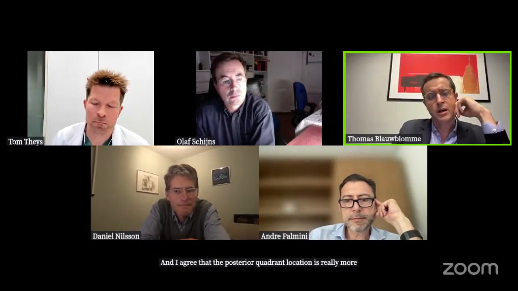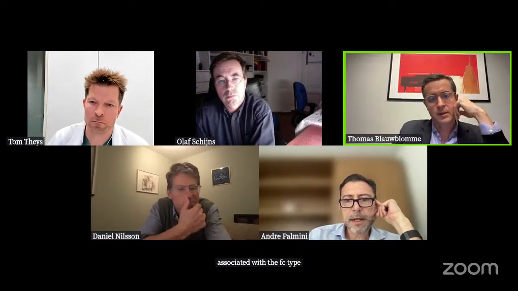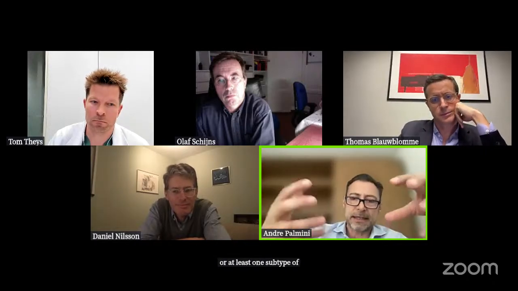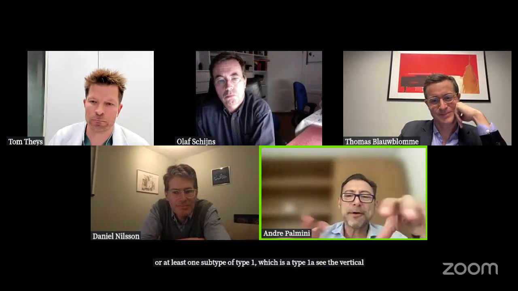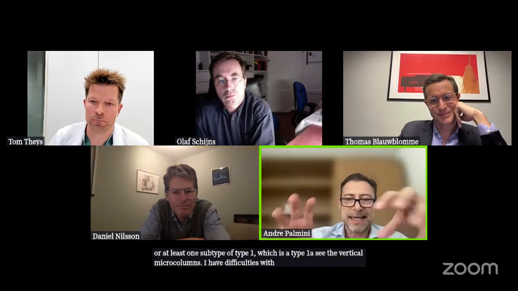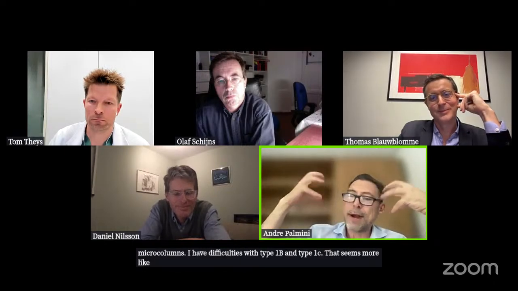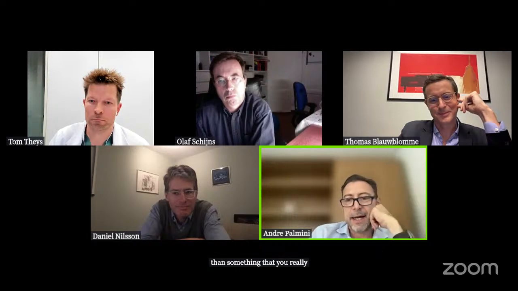Yeah, and I agree that the posterior quadrant location is really more associated with FCD type 1, or at least one subtype of FCD type 1, which is type 1A, the vertical microcolumns. I have difficulties with type 1B and type 1C. That seems more like a theoretical construct than something that you really see, in my opinion.